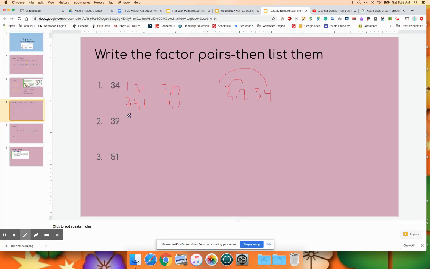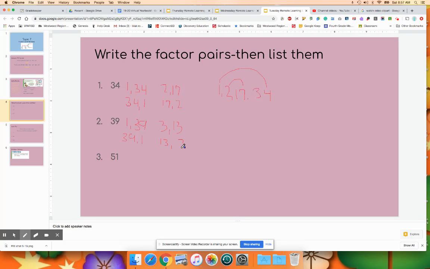So here 39, 1 and 39 is a factor pair. If I flip it around, 39 and 1 is a factor pair. And then I know my multiplication facts, and there aren't ones that give me 39 from my tables, but I do know that 3 times 13 gives me 39, okay?